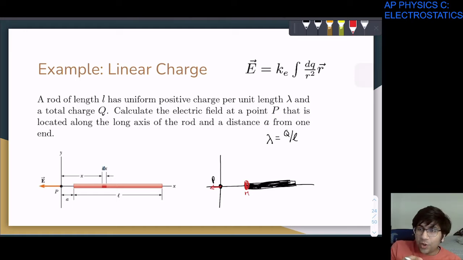And we do that for all these points on the rod. So we take the next little mass over here and take the electric field. We do the same thing for all of these points on the rod and we sum them all up, and that's going to be our answer. So we take a little bit of charge, look at the field due to that charge, then shift over a little bit and do the same thing until we've covered the entire rod.